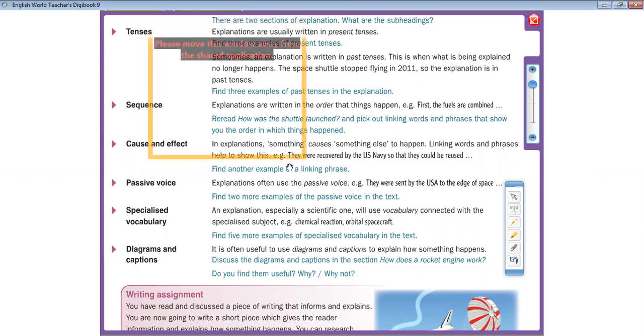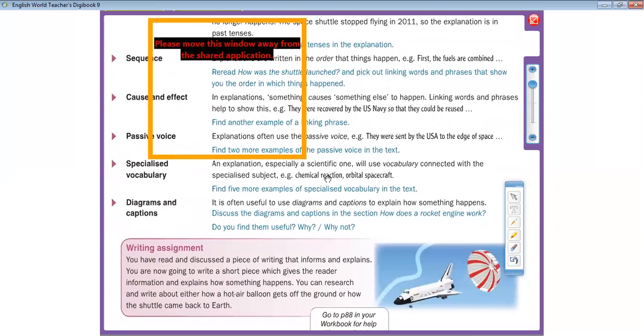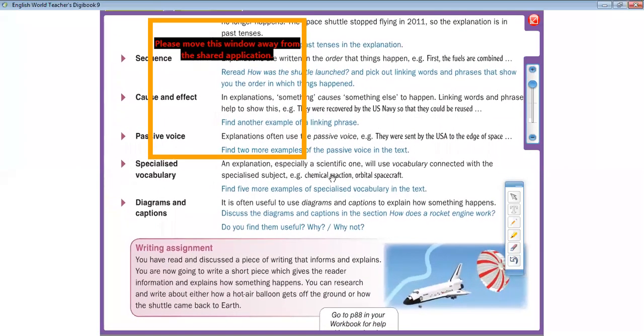طيب عندي cause and effect in explanation. An explanation is something that causes something else to happen. يعني بمعنى سبب وتأثير السبب. Okay, what happens.